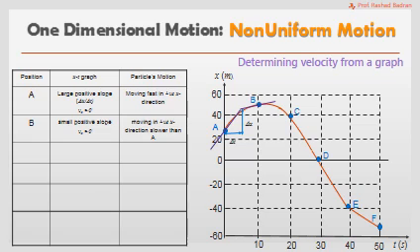Here we find the instantaneous velocity at point B. Following the same procedure as in A, we draw a line tangent to the red curve at point B, and then determine the slope of this straight line.